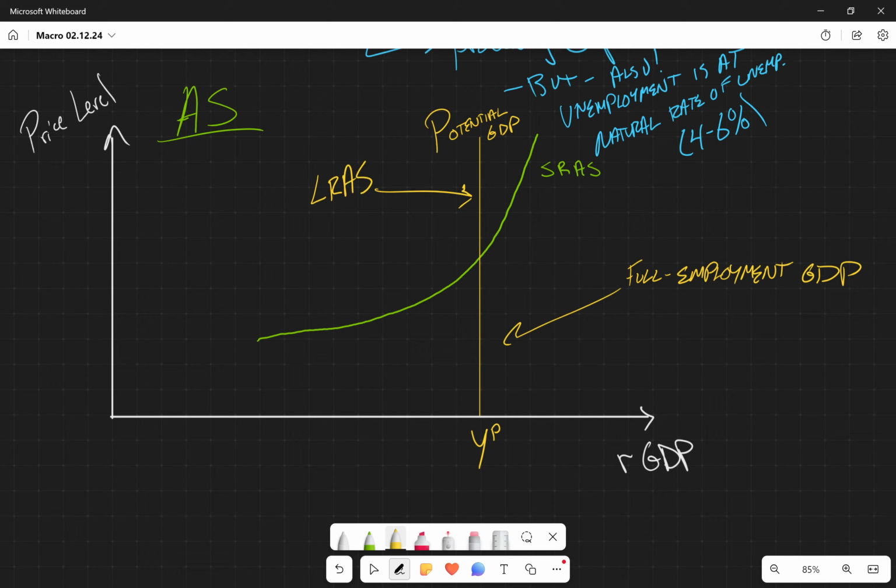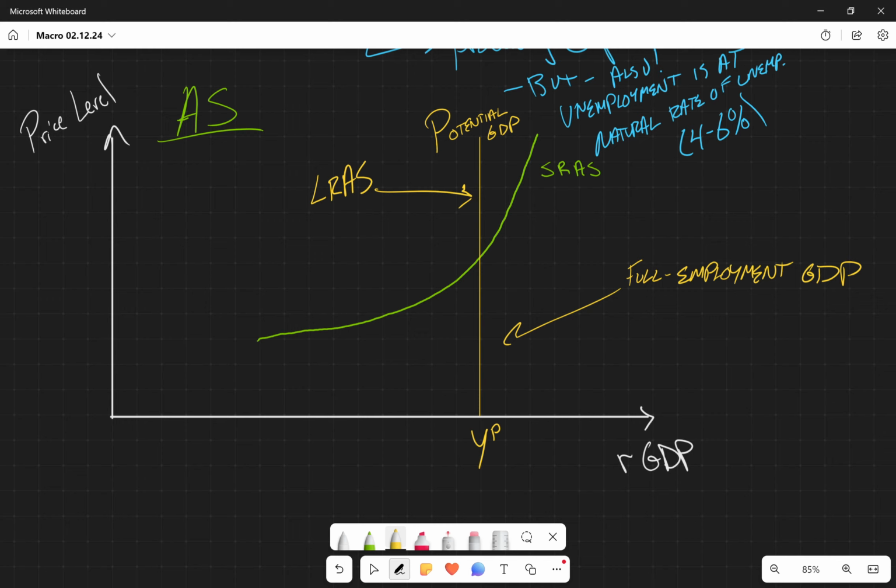How many names can we give it? I feel like I'm doing an infographic. So it's our potential GDP, which we abbreviate as YP. It's also known as our full employment GDP, and we're going to refer to it in subsequent chapters as our long-run aggregate supply curve.